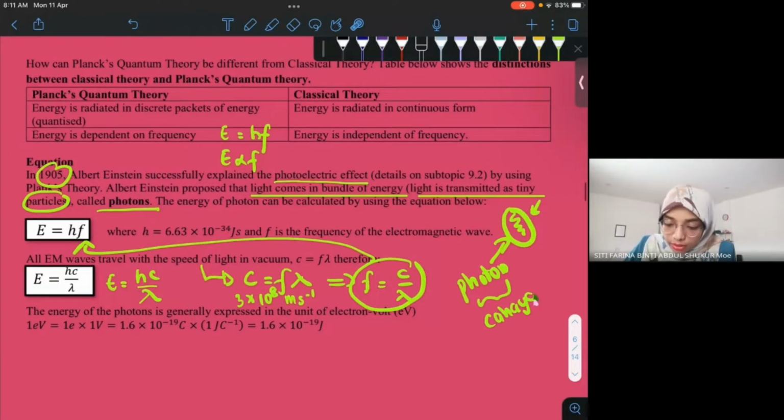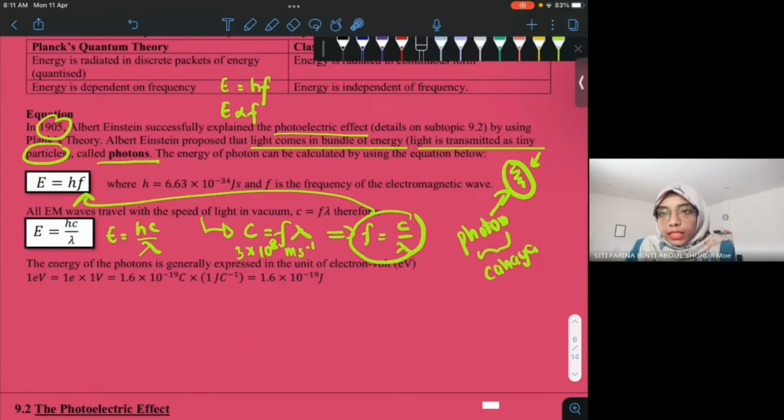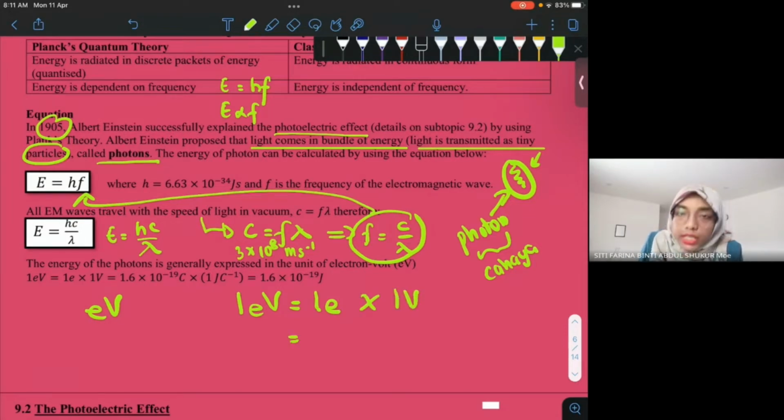Okay. However, in this chapter, the common or generalized unit for the energy of photon is electron volt. Okay, so the unit we will commonly use is electron volt, eV. 1 electron volt is basically 1 electron multiplied with 1 volt. 1 electron is basically the charge of one electron.